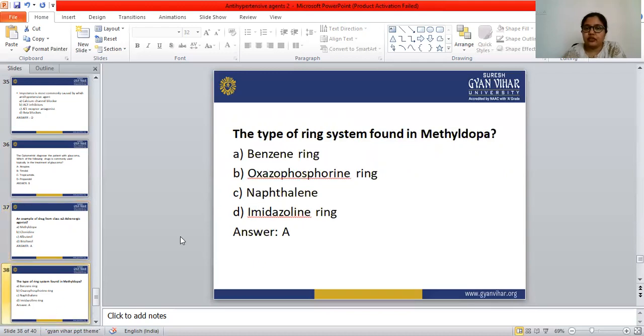The type of ring system found in methyldopa? The correct answer is the benzene ring.